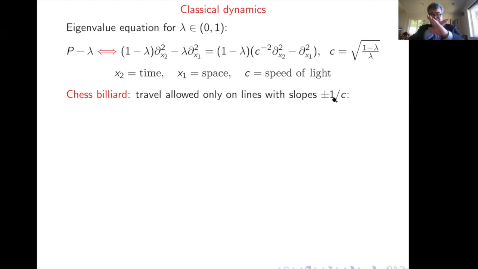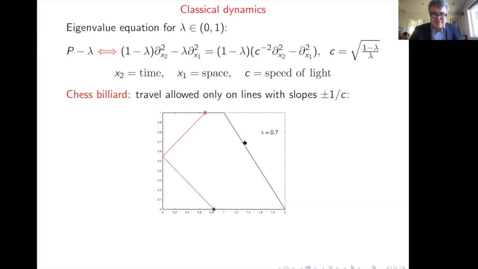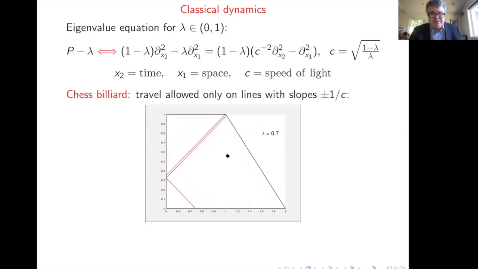So basically, the light rays for this. So this is how this billiard works. You just go like this. But for this trapezium, you see that for this specific value of lambda, what you have is this nice attractor, which is actually a rectangle.